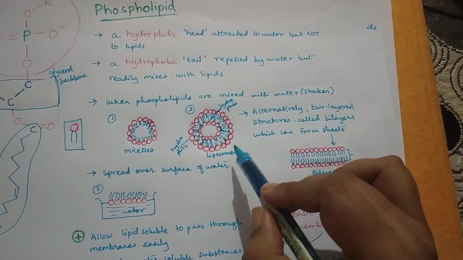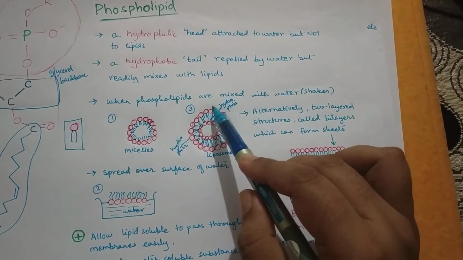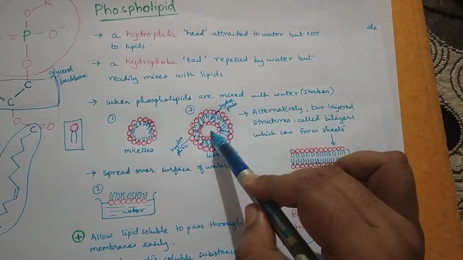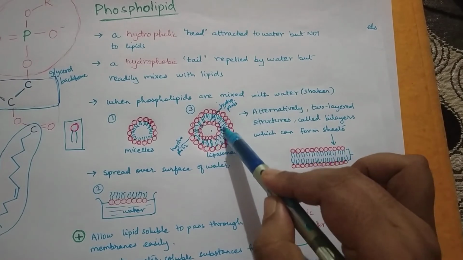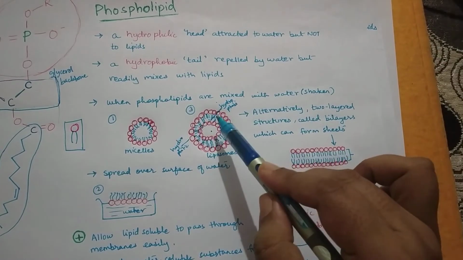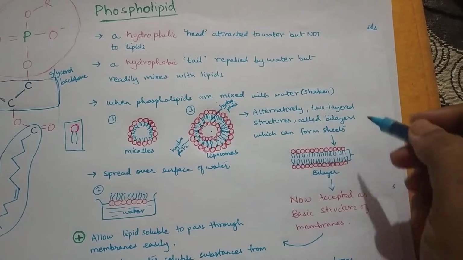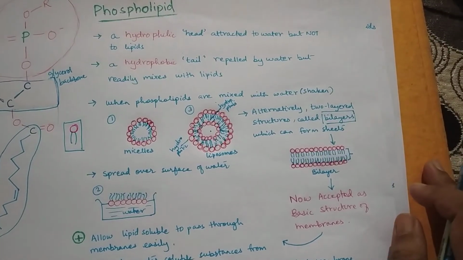So liposomes are nothing but two layers of phospholipids where they can get exposed to water on the outside and the inner surface, but in their middle region is a sandwich region where no water is allowed. This is a hydrophobic region. And this type of structure is also an example of a bilayered structure.